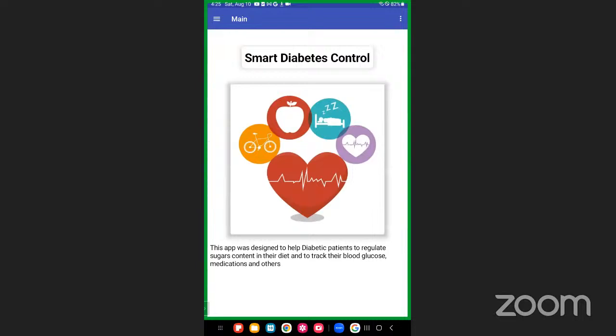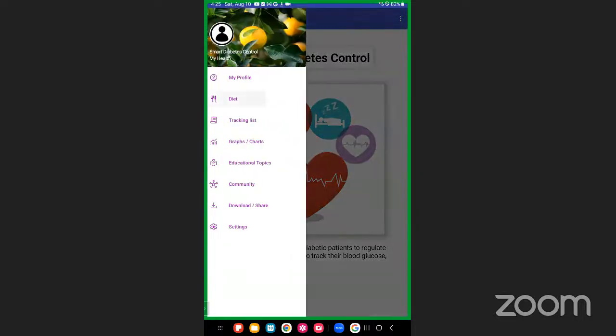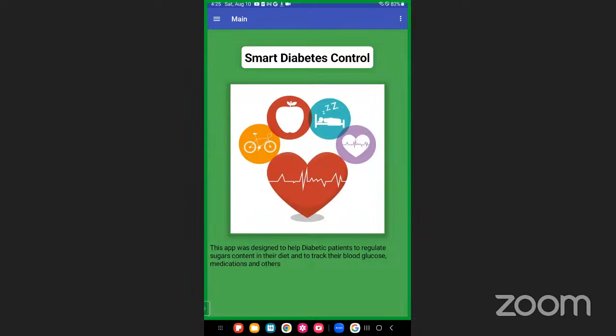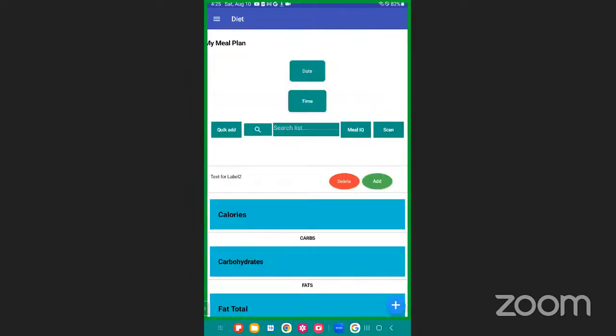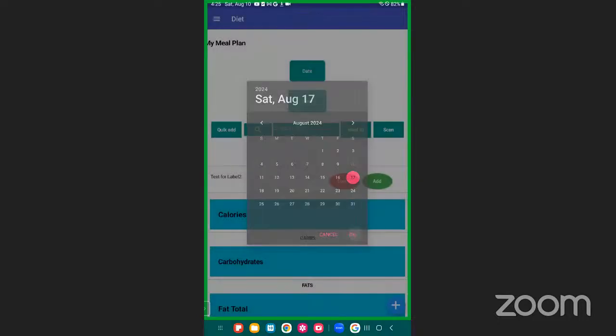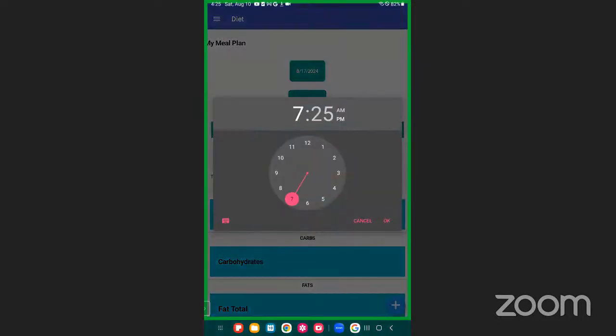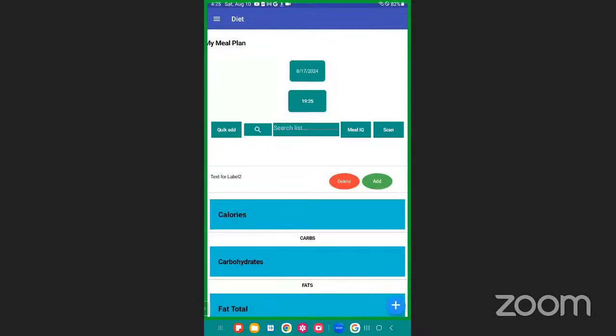We'll go back and open the diet. For the diet, we can set the date and time, and we have a list from the U.S. Department of Agriculture, an extensive list that shows types of food and the values for carbohydrates, vitamins, and other nutrients.